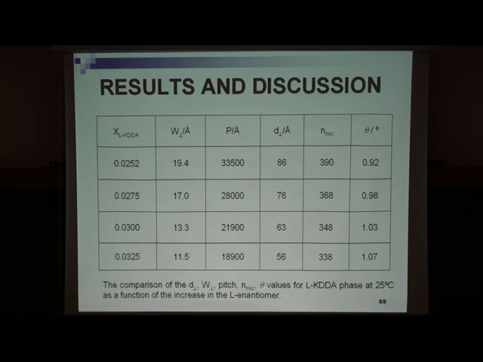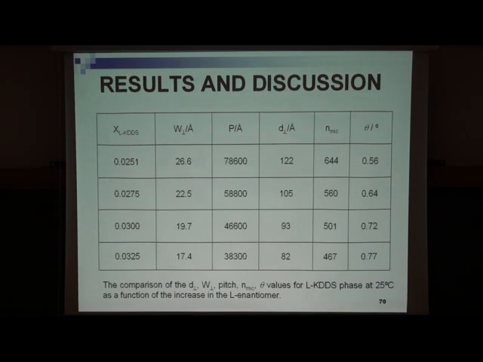This is normal. This is the expected result. And this is the results obtained for the racemic system. The results are approximately the same. I mean, as the concentration of racemic increased, the perpendicular decreased, and the twist angle increased.